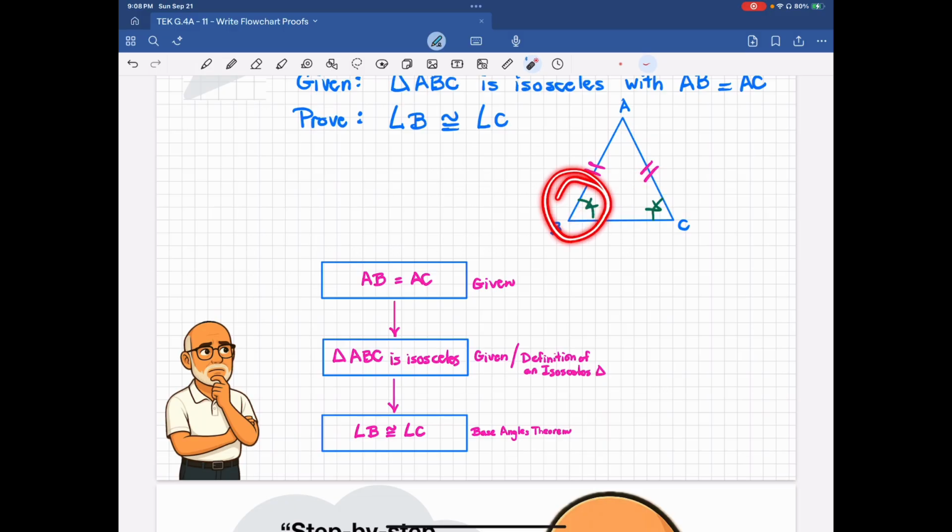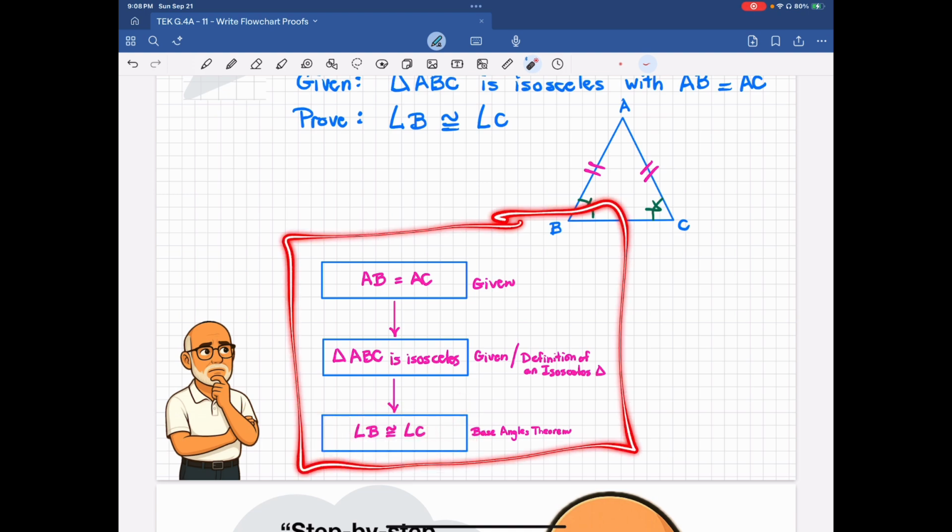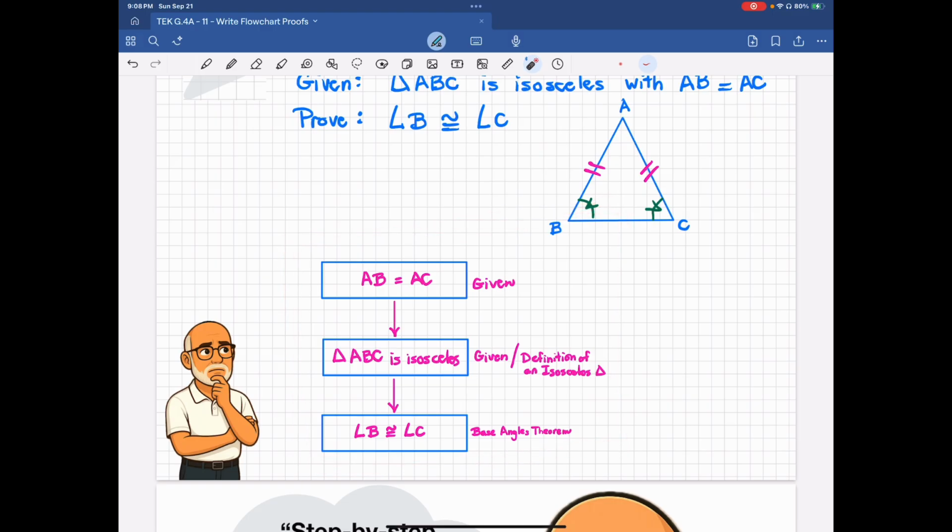So I know that this angle and this angle have to be congruent, okay? So therefore, I can say that angle B is congruent to angle C. I box that in, I put my reason off to the right, and this is our flowchart proof.